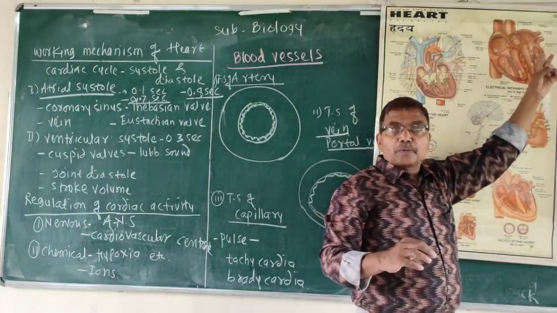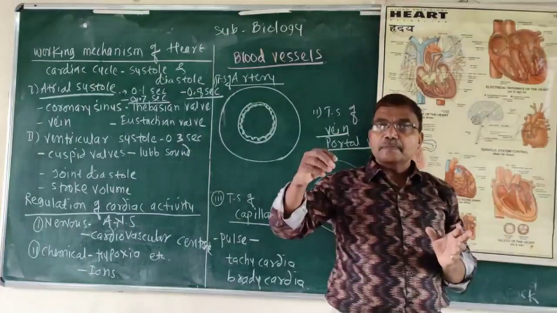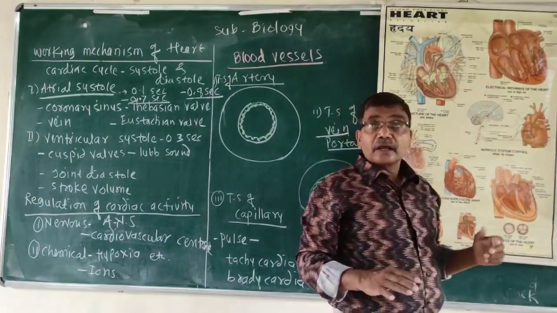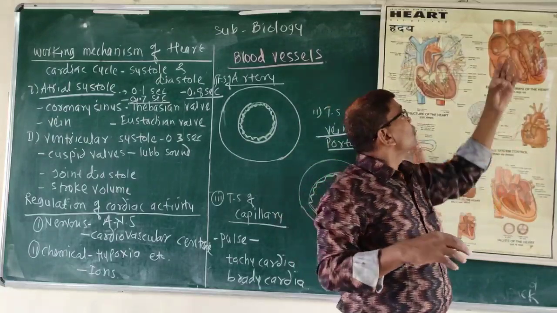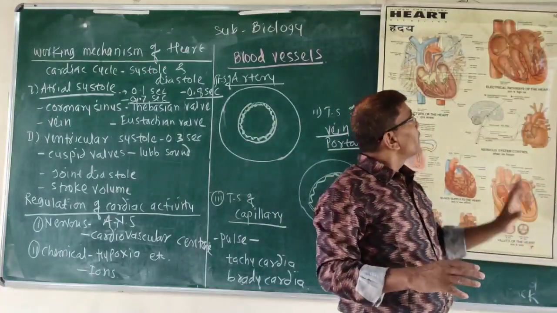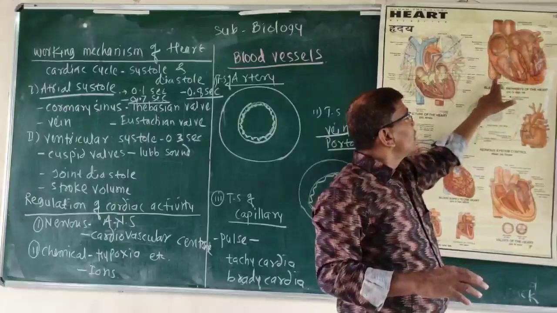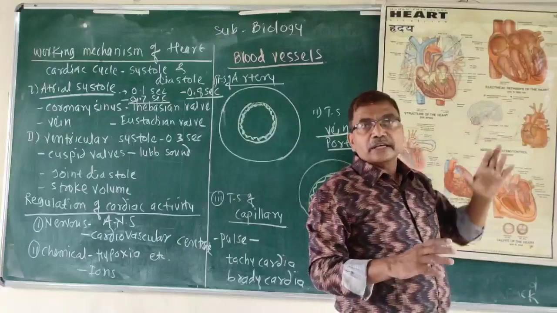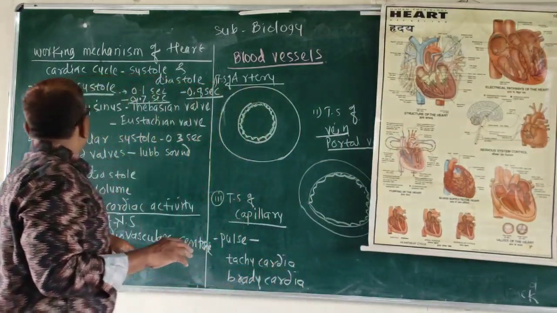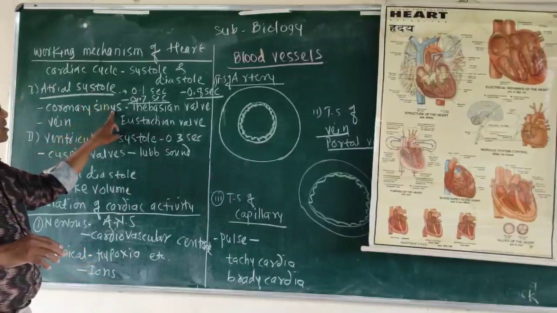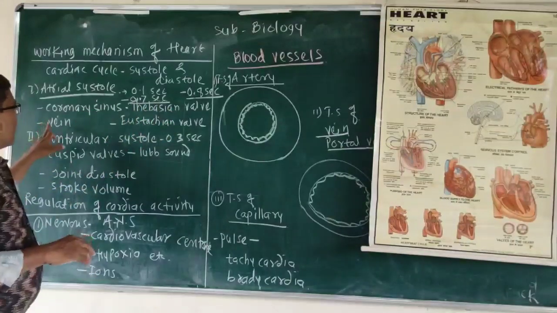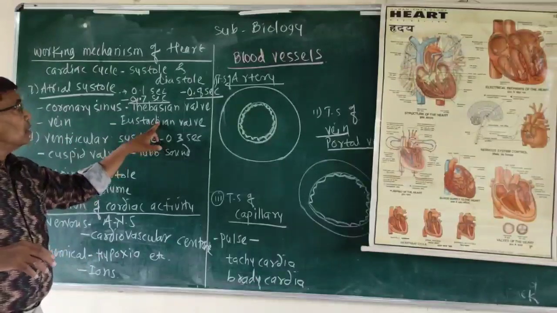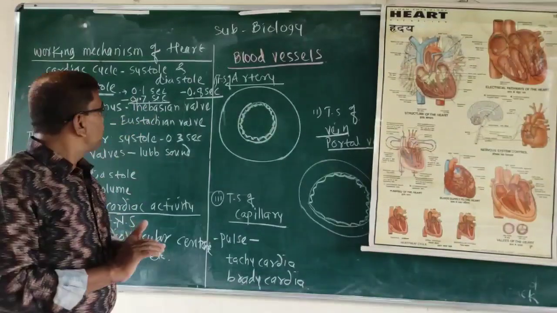There are 2 pairs of pulmonary veins, but these are obliquely placed in the wall of the atrium, so valves are absent. The superior vena cava is present superiorly, so a valve is not necessary, but valves on the openings of the inferior vena cava and coronary sinus are present. The valve at the opening of the coronary sinus is called the Thebesian valve, and the valve at the opening of the inferior vena cava is called the Eustachian valve. These valves prevent backflow of the blood.